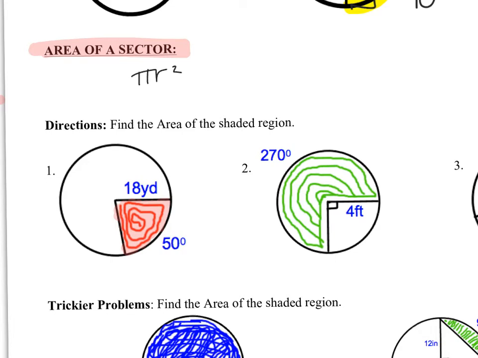So I'm using the area of the circle, but now I'm only finding the area of this piece. In math, when we're talking about pieces, we usually use fractions. So I'm going to take the area of a circle and multiply it by the piece of that pie, and how I find that is my arc measure divided by 360.